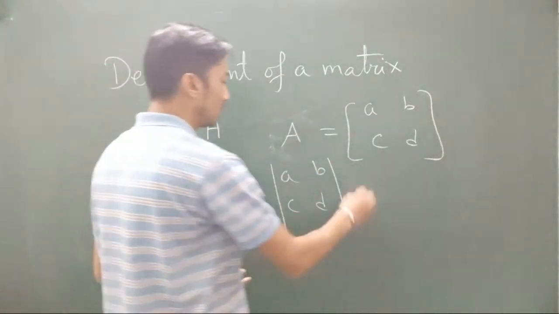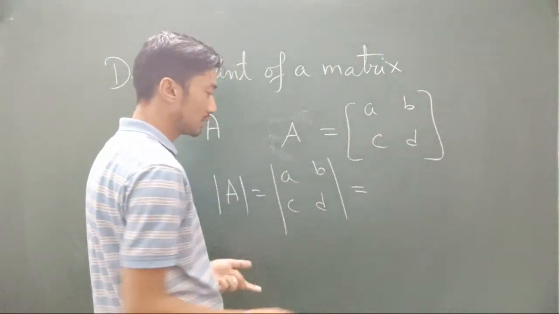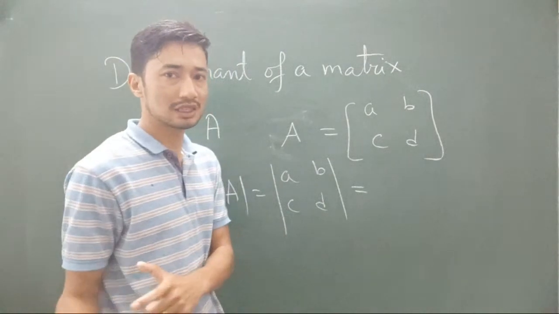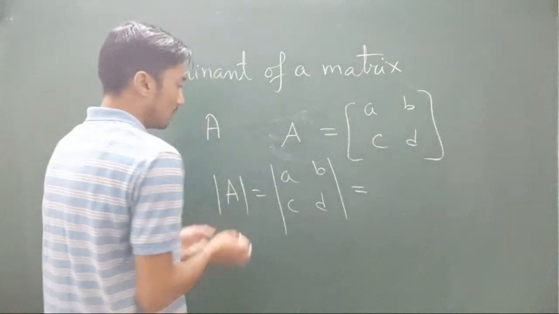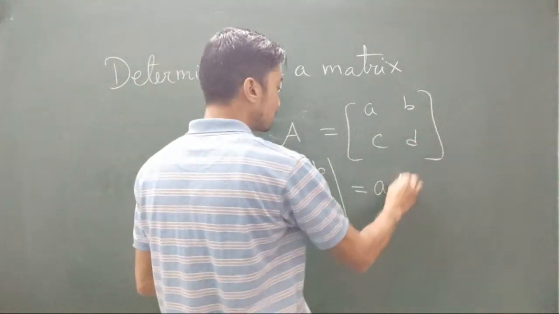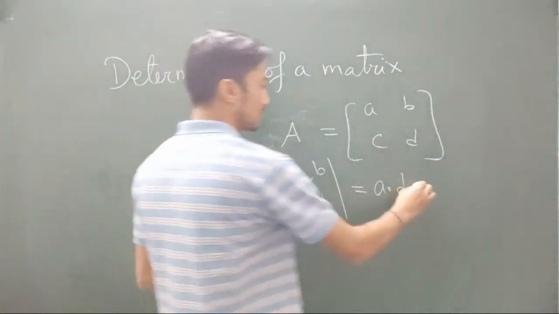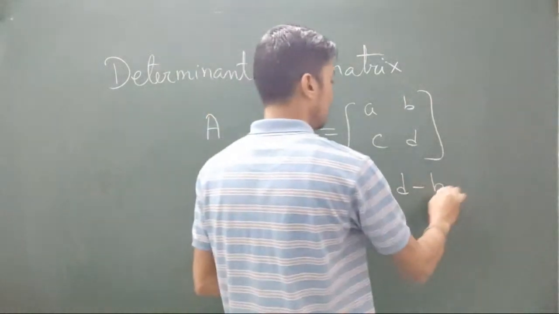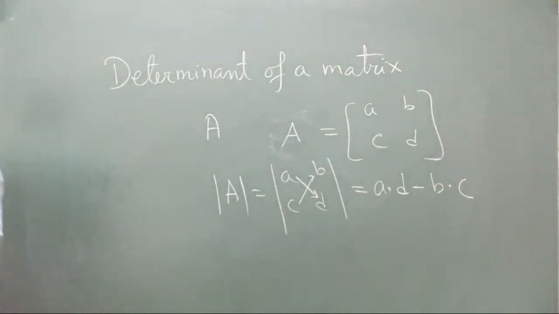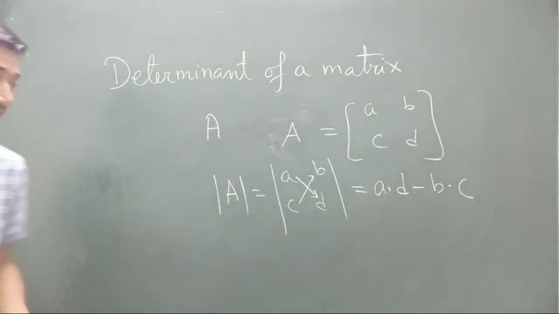How do we calculate it? We just cross multiply. For a 2 by 2 it's simple; for 3 by 3, it's slightly complicated, and we will be discussing that very soon. What we do is we cross multiply A into D minus B into C. That's how we calculate the value of the determinant of a given matrix.